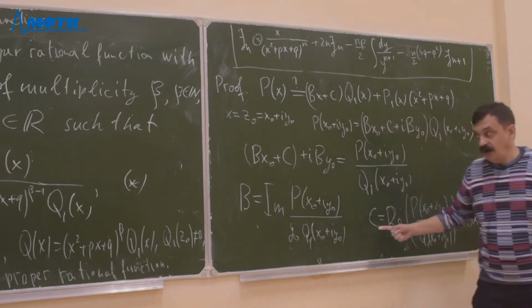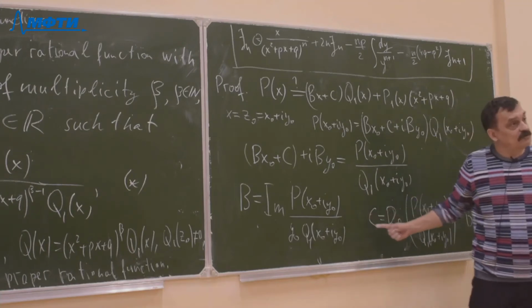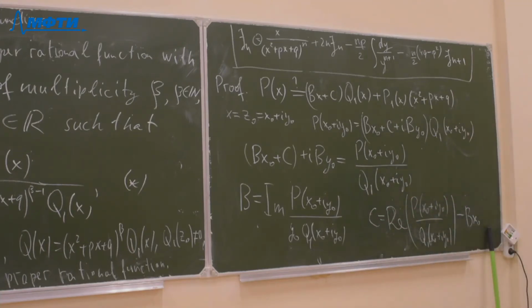So we found explicitly formulas how to express b and c in terms of data. P, q1 are data, right? X naught, y naught are data. And okay, after that, so you see, once we have this, the rest is what?